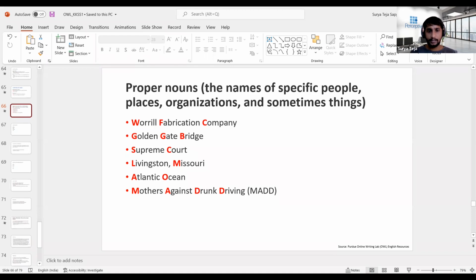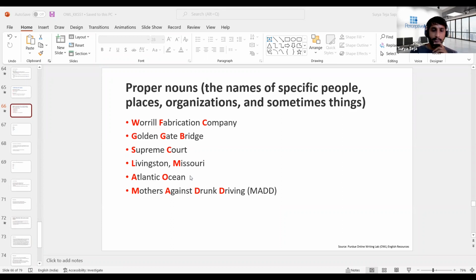Atlantic Ocean is also a name. Even though ocean is a common noun, in this particular context, Atlantic Ocean is a name. We cannot say just Atlantic, we say Atlantic Ocean. So Atlantic Ocean becomes a proper noun.